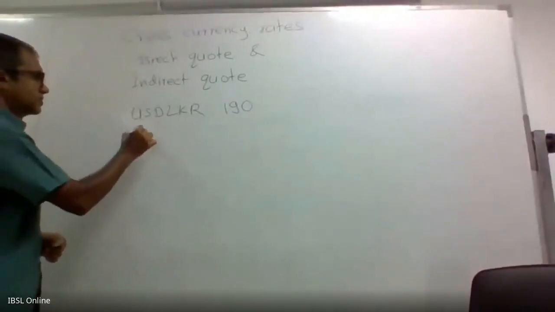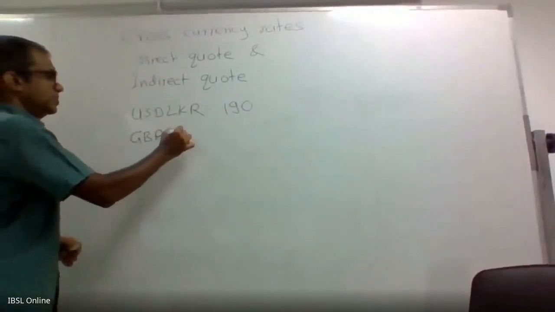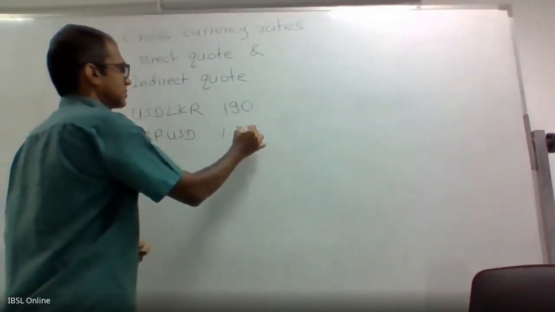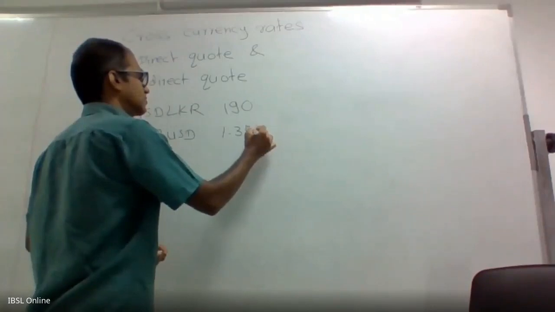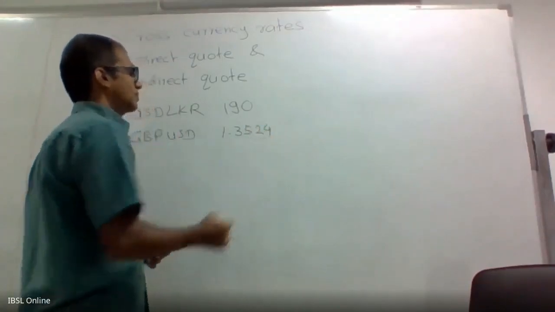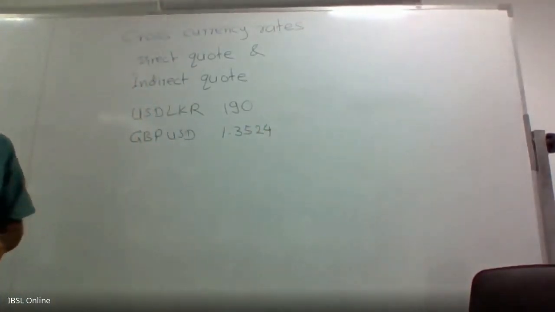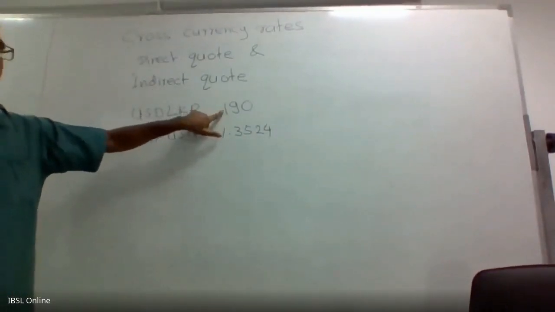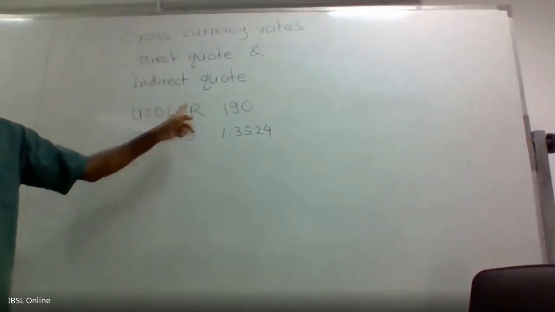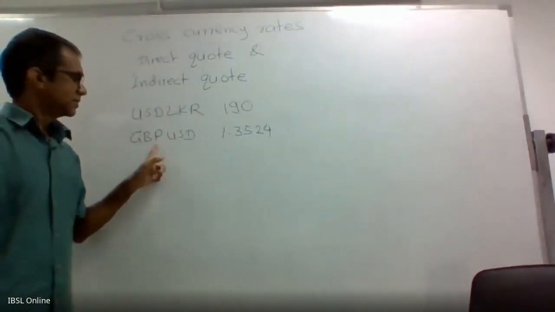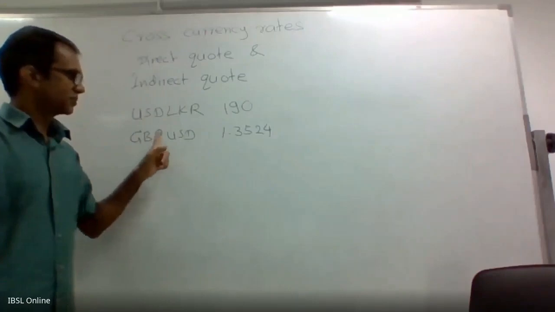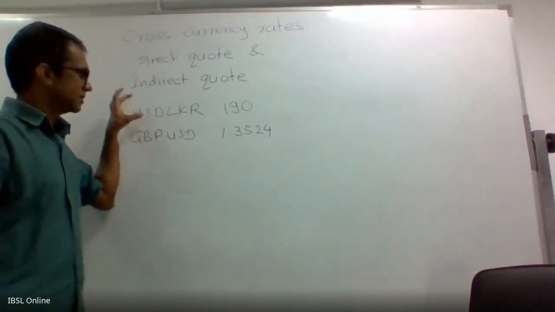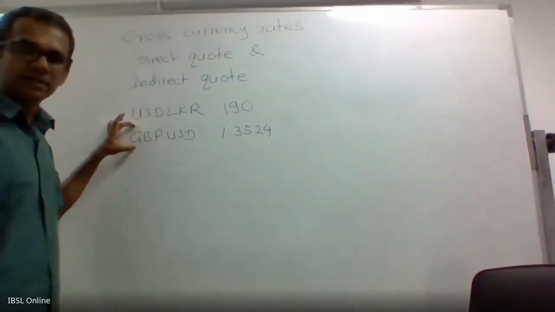One indirect quote, GBP USD 1.3524. Dollar LKR 190: $1 equals 190 rupees. One sterling equals 1.3524 dollars. A direct quote and an indirect quote.